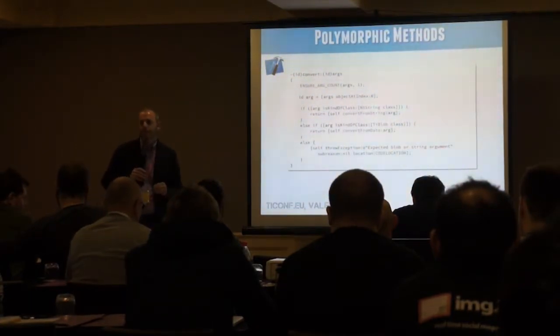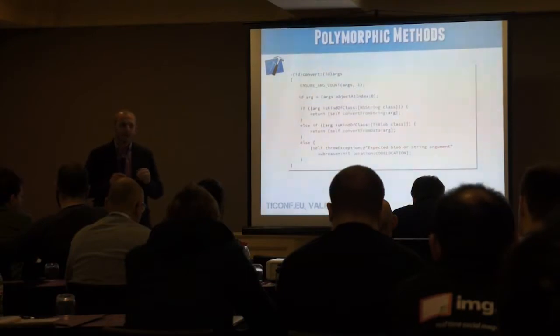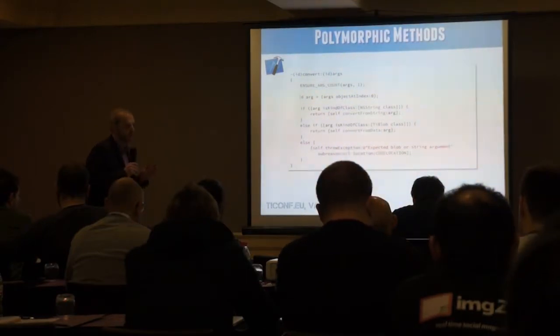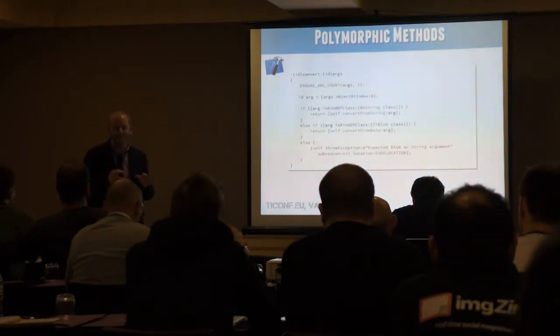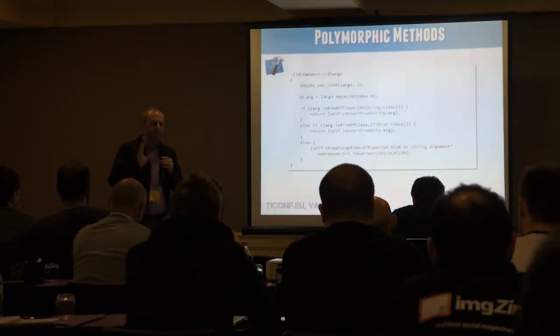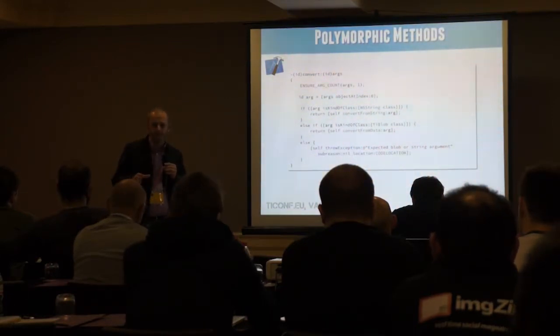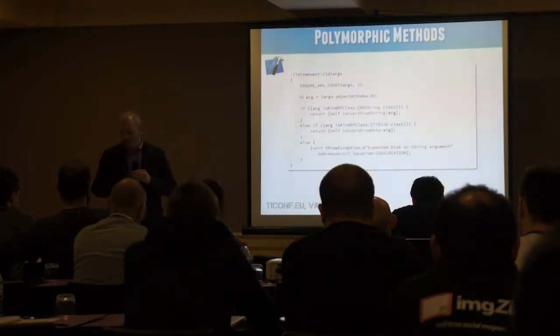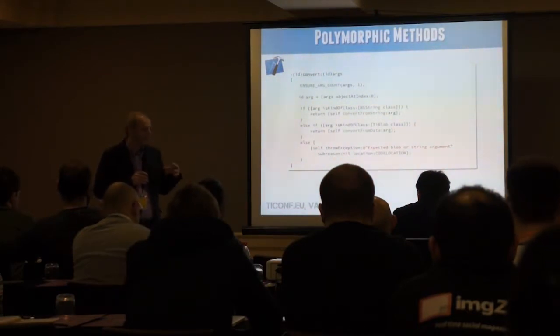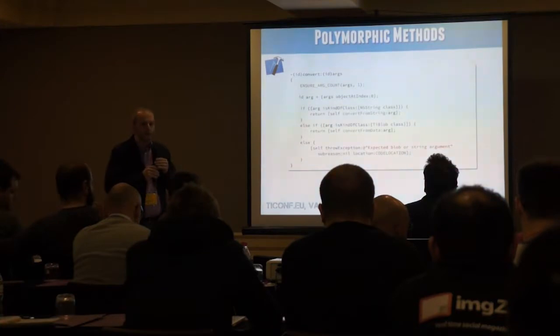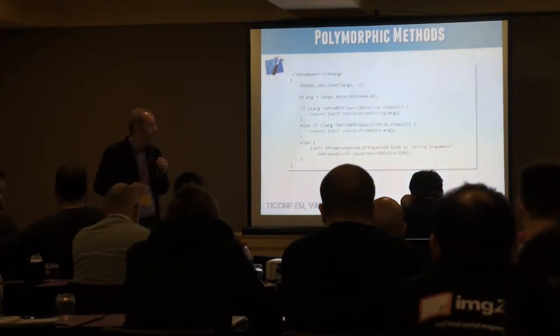As you know, JavaScript methods are polymorphic by nature. So a single method can be used with several types of objects. And how do we manage this kind of behavior in our native objects and methods?